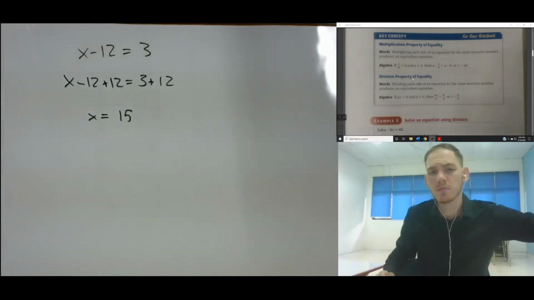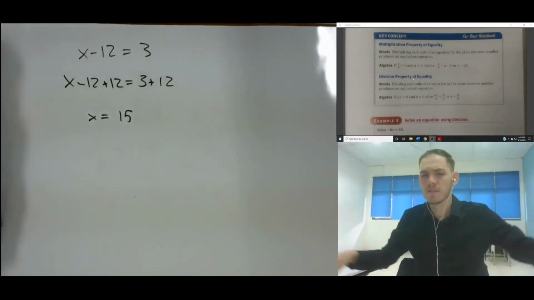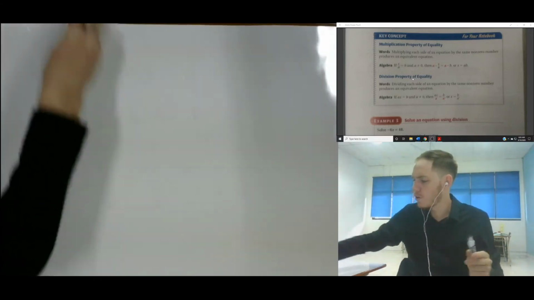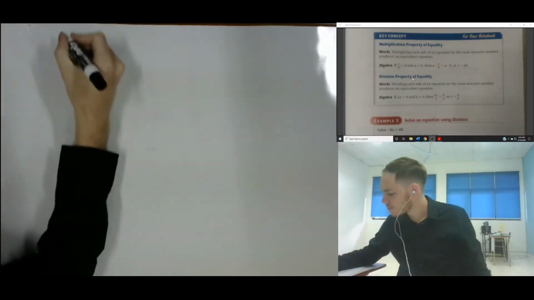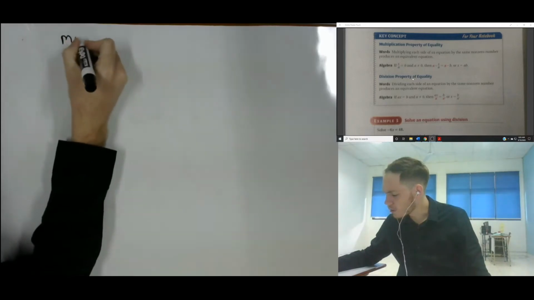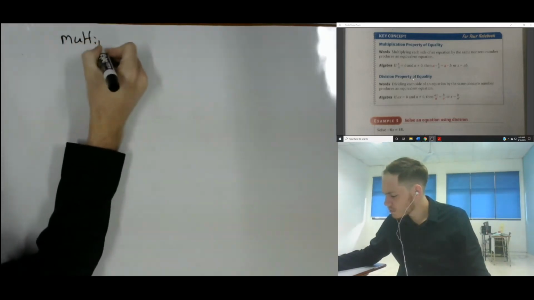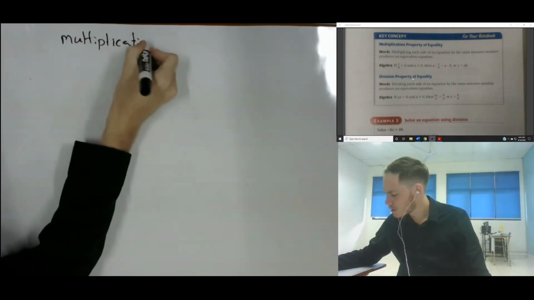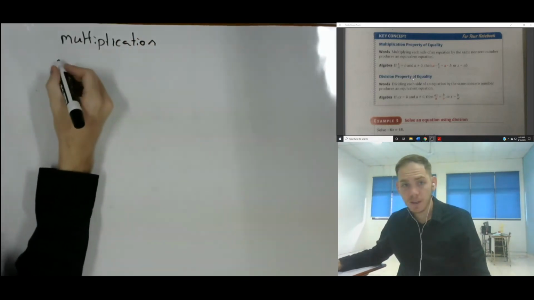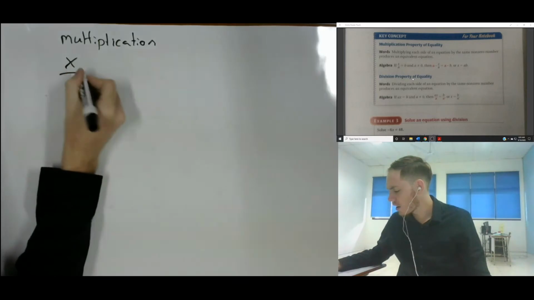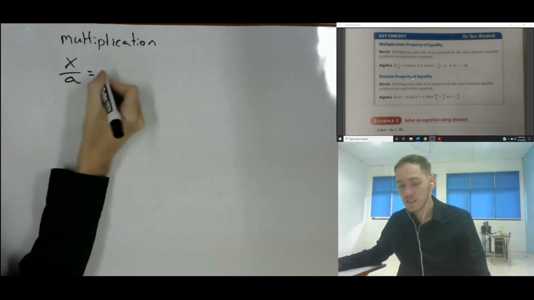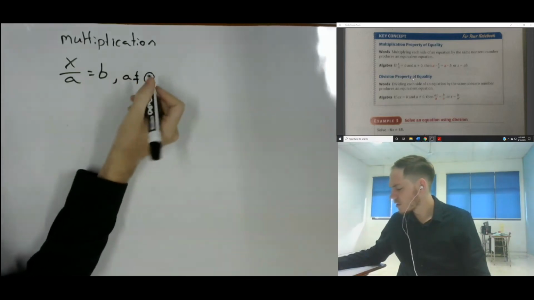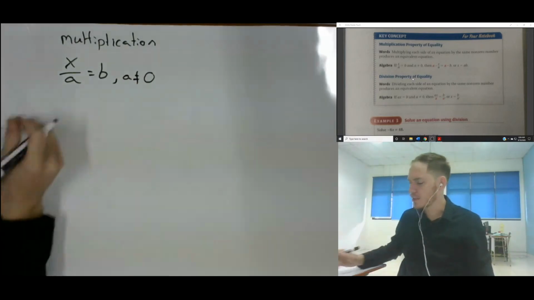Multiplication property of equality or division property of equality. So we're going to write this here. We're going to have multiplication. This property is going to have x divided by a, provided that a does not equal 0. That's just because we can't divide by 0.